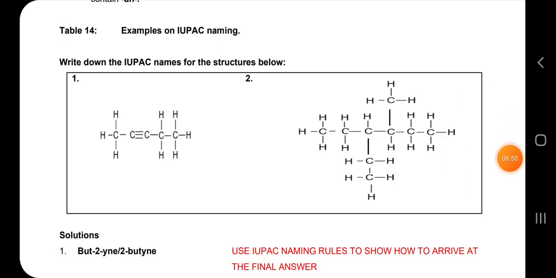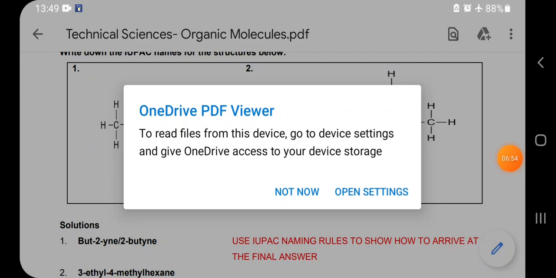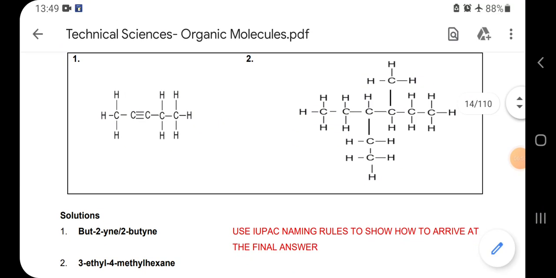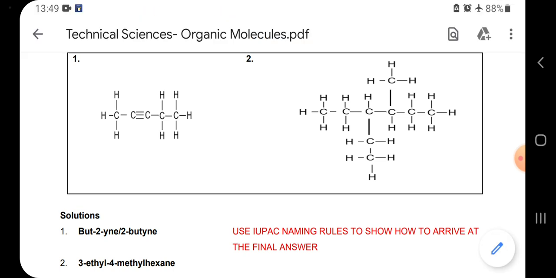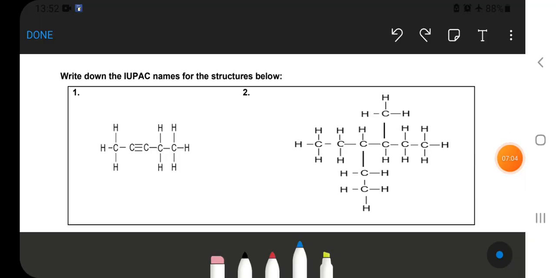An example of a branch: this here is a branch. It's not part of the main series.